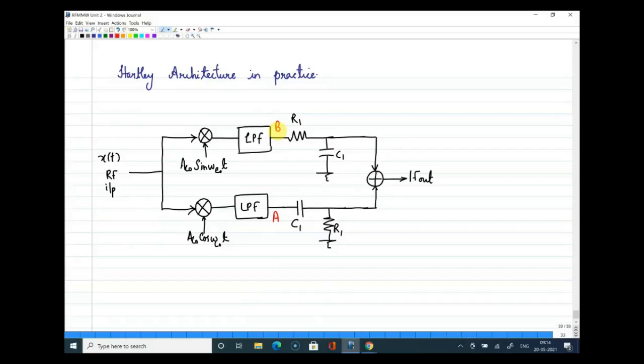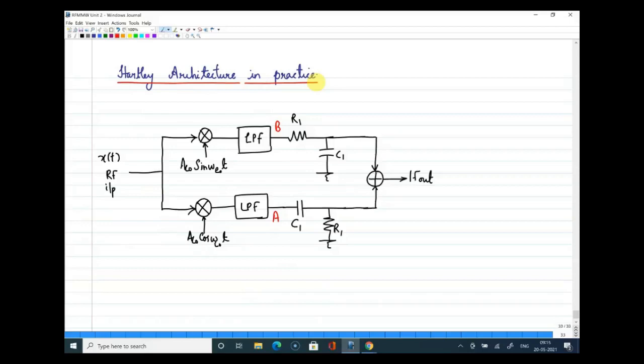With this architecture, let us discuss the drawbacks now. The primary drawback comes from the fact that perfect image cancellation depends totally on the perfect matching of the two paths.